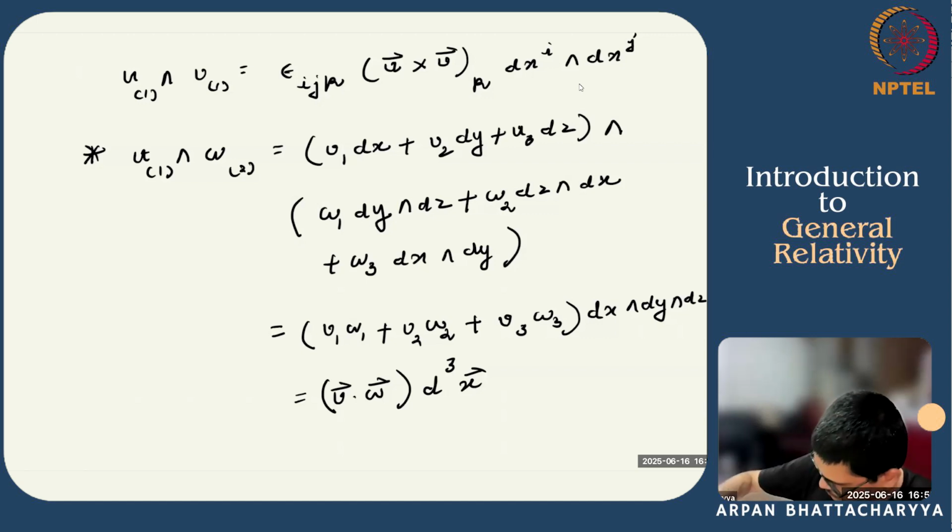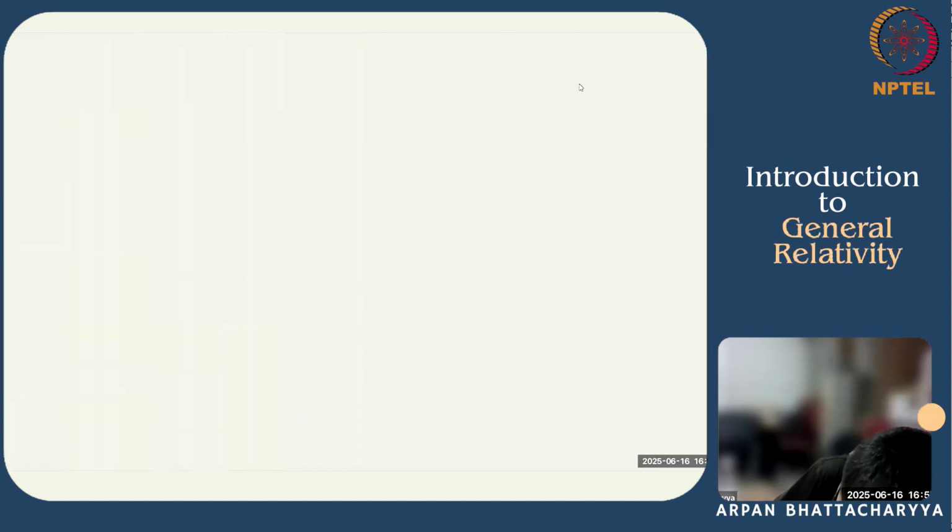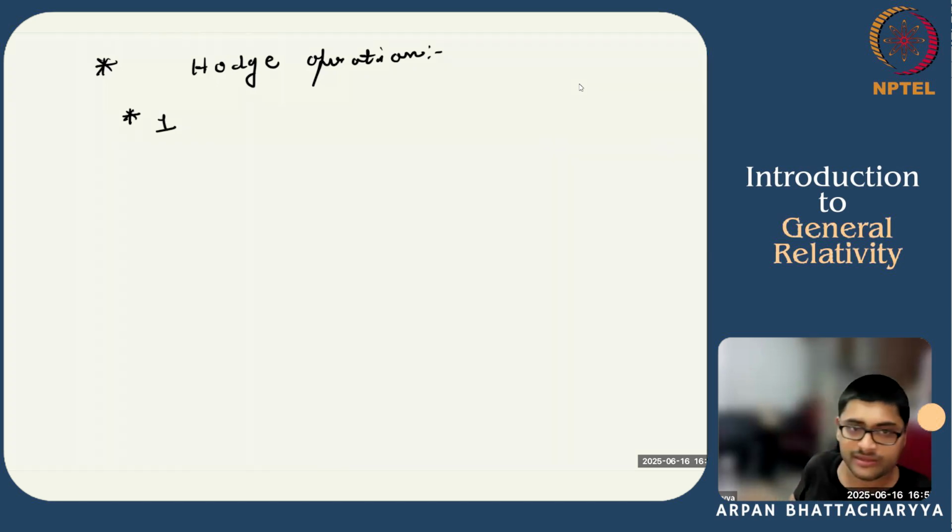Now let's look at the Hodge operation. If we take the Hodge dual of 1, what is that? Remember the definition of the Hodge dual? 1 is like a 0-form, so it will convert it to a d minus p form.